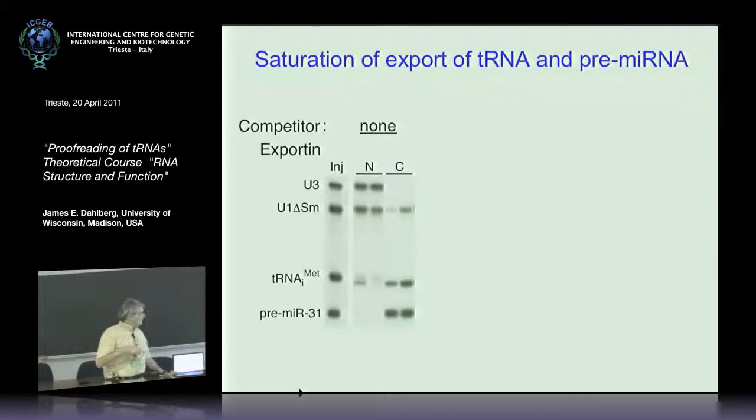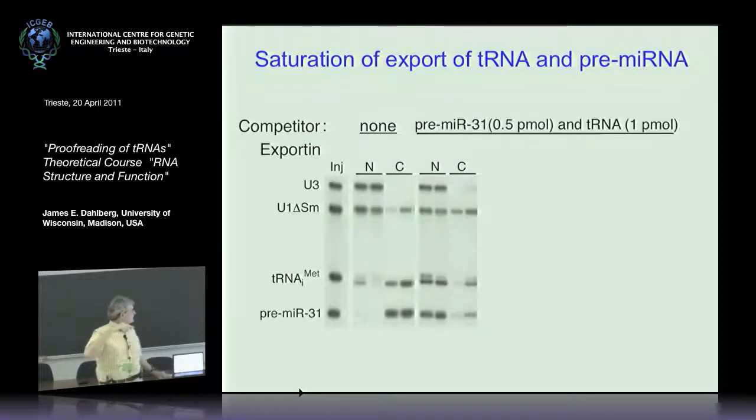Now we can add a large amount of competitor. Since these are molecules that are being exported by a carrier, there's only a fixed amount of carrier in the cell. So if we put in an excess of unlabeled competitor, we should be able to block the export of the radioactive RNA. And in fact, that's what we can see.